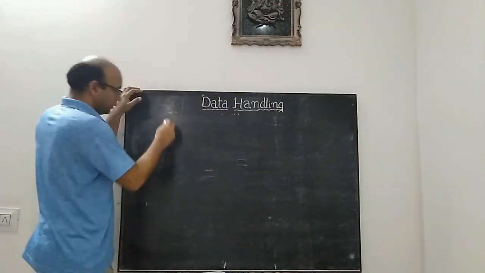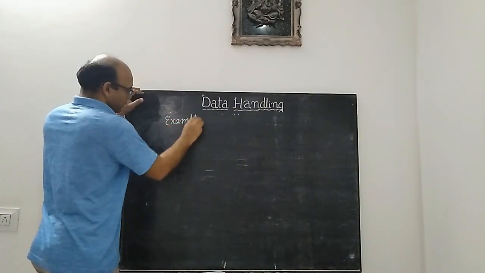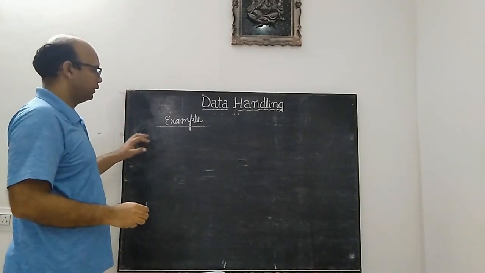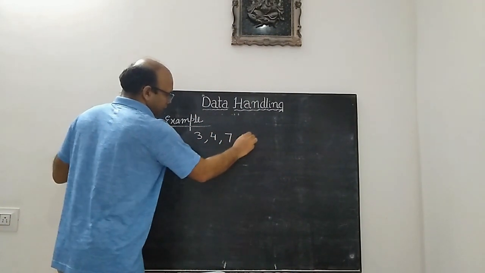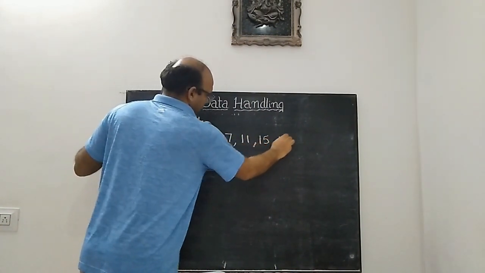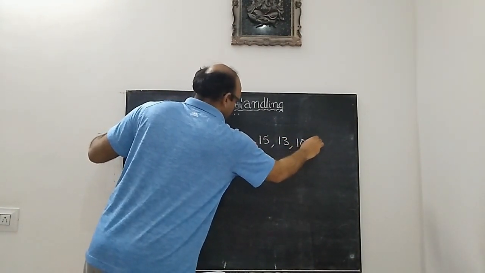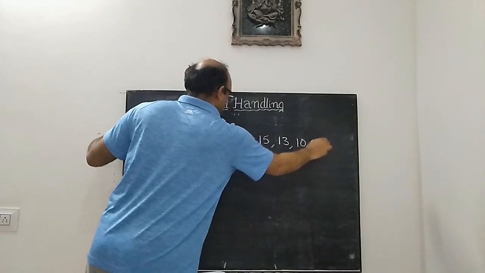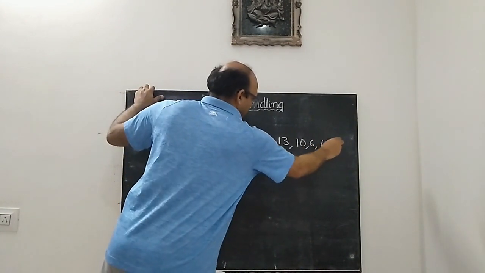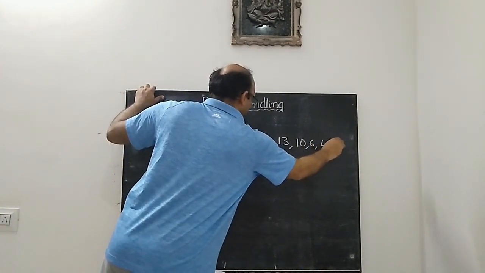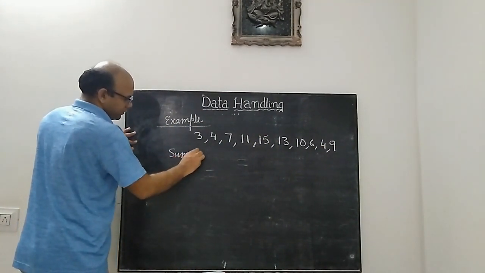If you take an example, suppose you have the values 3, 4, 7, 11, 15, 13, 10, 6 and say 4. And say we take another value, say 9. So first of all what we do is, we calculate the sum of observations.